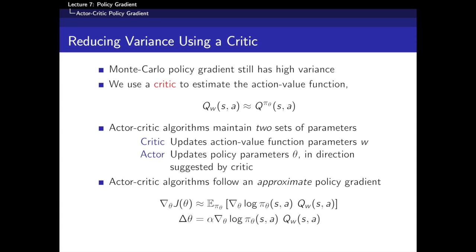And what we're going to do then is, at each step, use stochastic gradient ascent. Every step, we're going to move a little bit in the direction of the score multiplied by a sample from our own function approximator. So the critic is saying, hey, I think this thing is good, or I think this thing is bad, and then we move a little bit in the direction that gets more or less of the things that the critic says are good or bad. Okay?